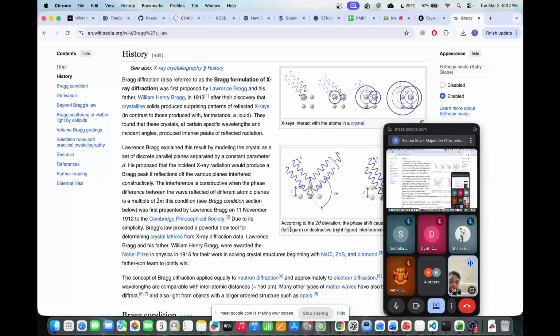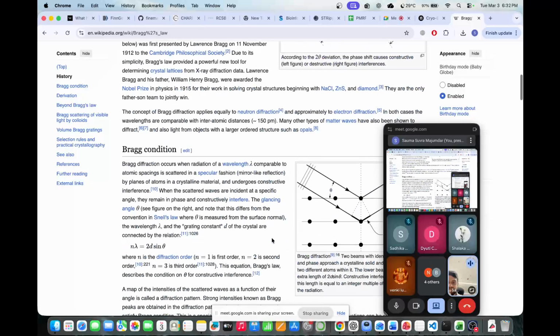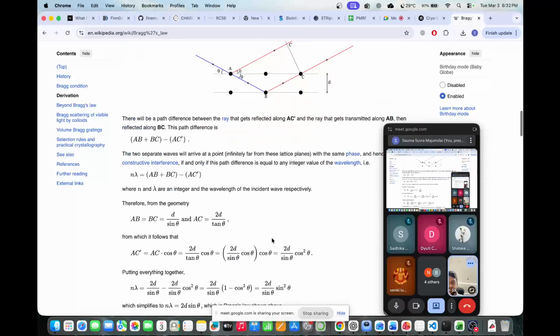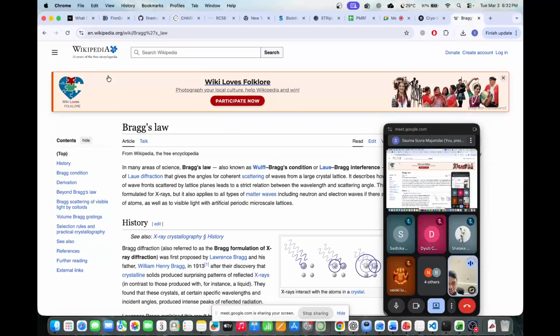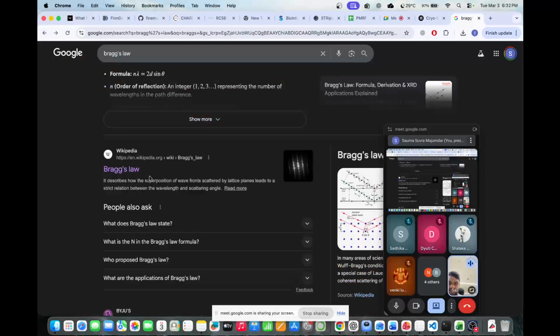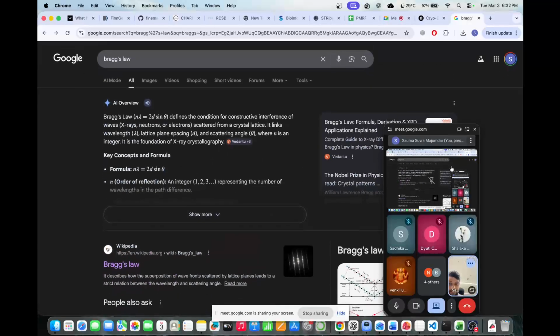It tells you, based on lambda and the angle theta at which the light is falling, what the deviation is going to be. I think a little bit of Bragg's law was there in plus two as well, so you can take a look at that. So this is the formula: n lambda equals 2d sin theta. If you know the wavelength, you know the n and the d.